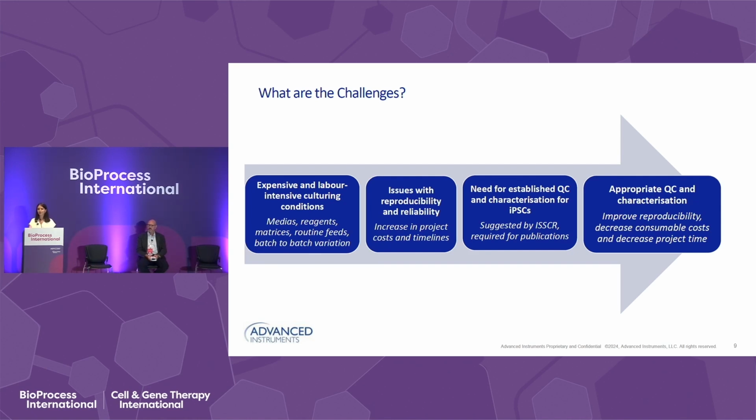But they still remain very challenging to culture, and they are also very expensive, especially when compared to other cell lines. One key area that's important when handling iPSCs is to have a well-established protocol, because they are prone to different experimental conditions and also have issues in relation to reproducibility. With this in mind, it's becoming more evident that we need a well-established QC protocol.